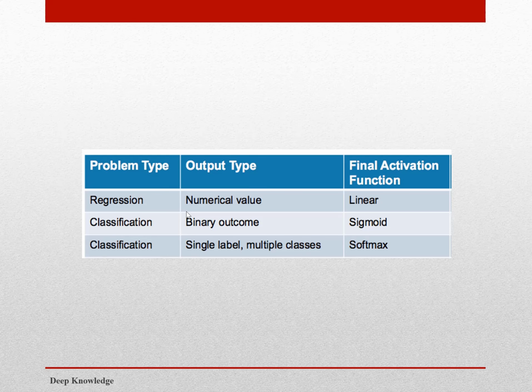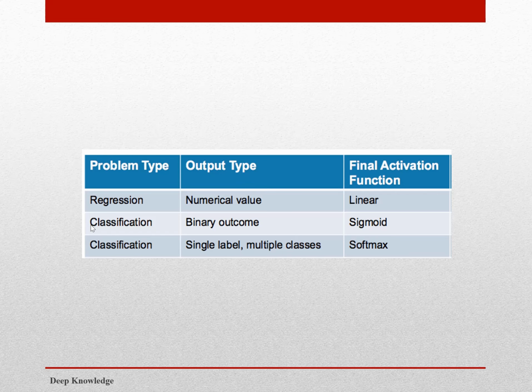Additionally, based on the problem, we can define which activation function to use. For instance, if we have a regression problem, to predict values, we can use a linear function in the output layer.